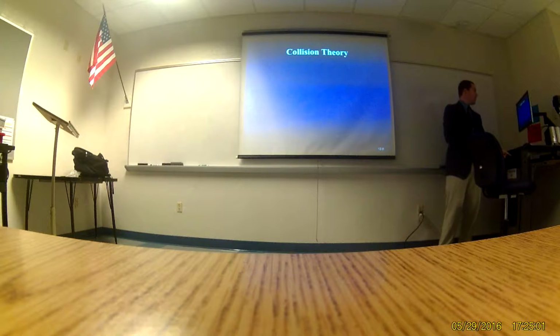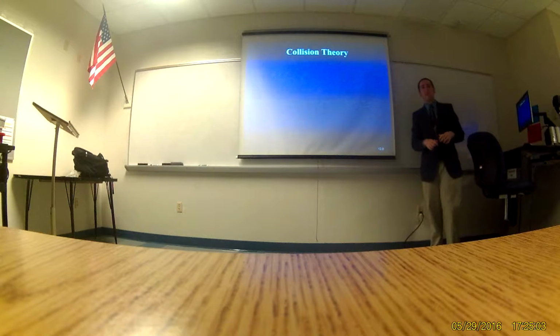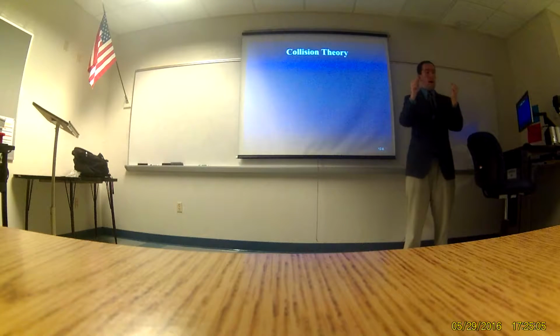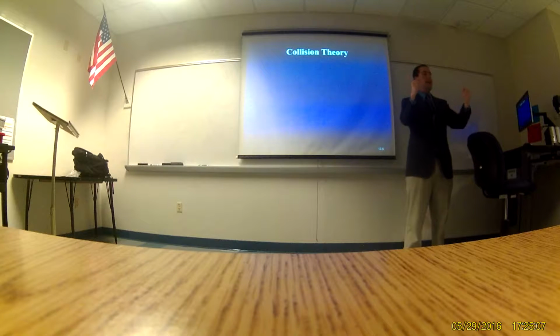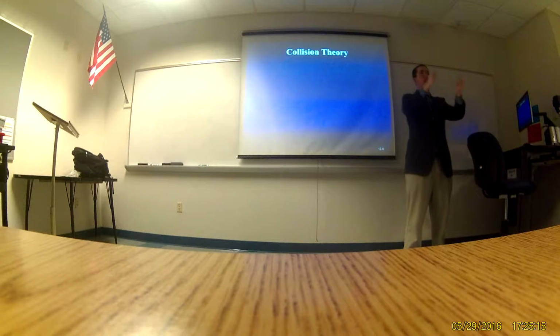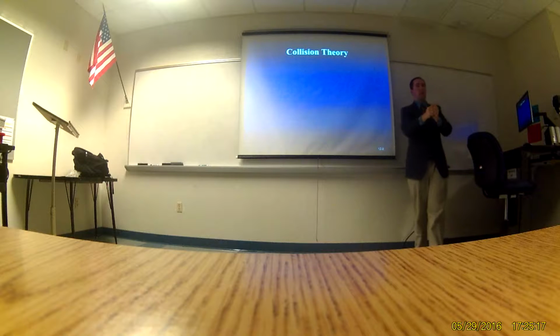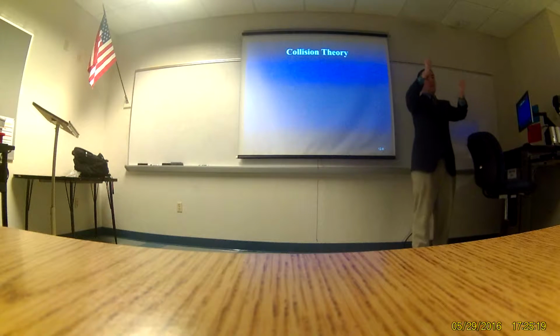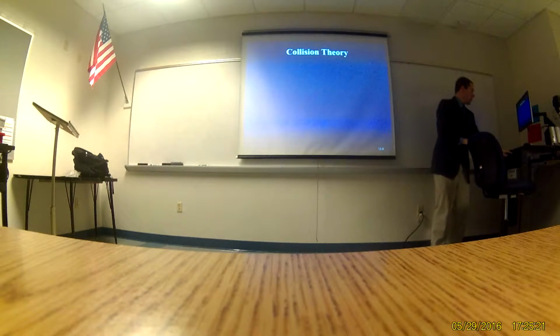We call this collision theory. We say that for two molecules or atoms to react, they have to actually collide with each other. If one's over here and one's over here, they're never going to meet and they're never going to react. They have to be moving and they have to collide with each other.